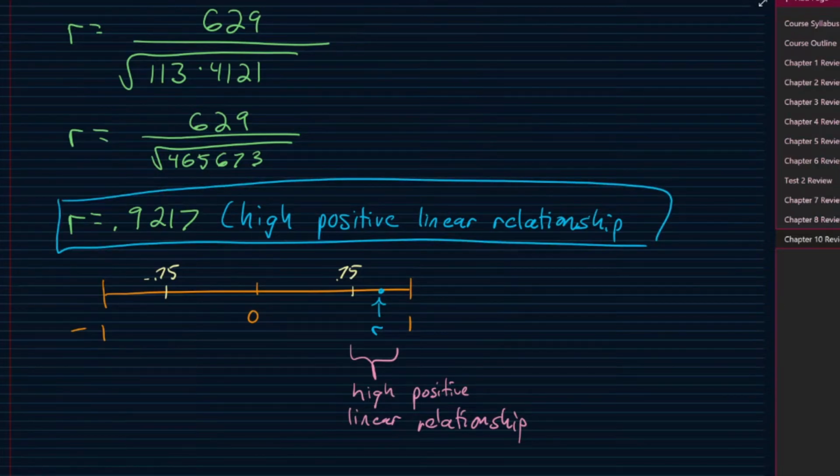And of course, anything between -1 and -0.75 is going to have a high negative linear relationship. That's what we're going to use as the cutoff, essentially.